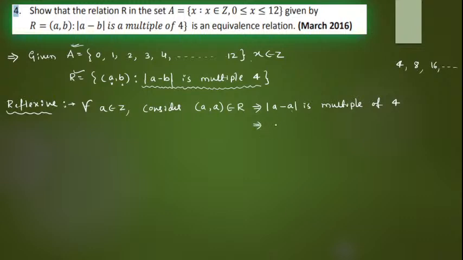So modulus of 0 is 0 here. Definitely 0 is also a multiple of 4, because 4 zeros are 0. So 0 is a multiple of 4. This implies for any integer A belonging to Z, the doublet A comma A also belongs to R.